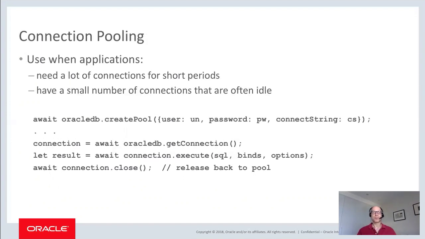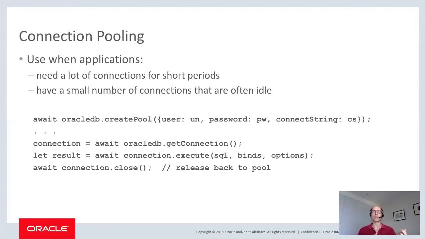Connection pooling. We've always recommended using connection pooling when you have a lot of connections that are needed for short periods of time. Get a connection, do some work, put it back in the pool so somebody else can pull it out and use it. It's also useful if you have a small number of connections, for example, one connection that is often idle.